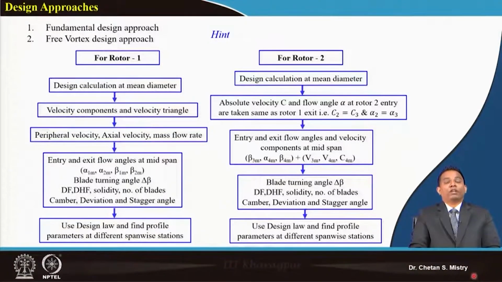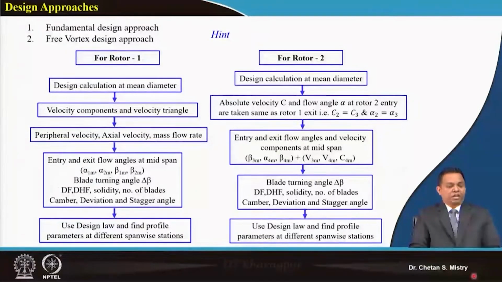If you recall, to do this rotor 1 design we need to know some velocity components. Our general guideline for the design of axial flow compressor says that if the mass flow rate, or the flow coefficient, or the diameters are known, I can move with the calculation of the initial parameters.